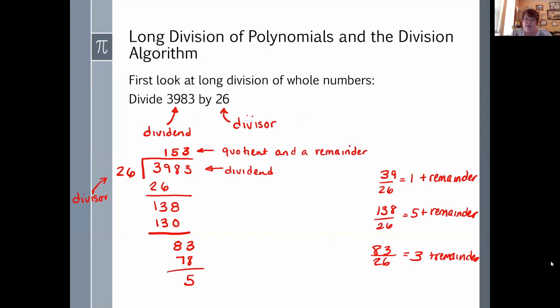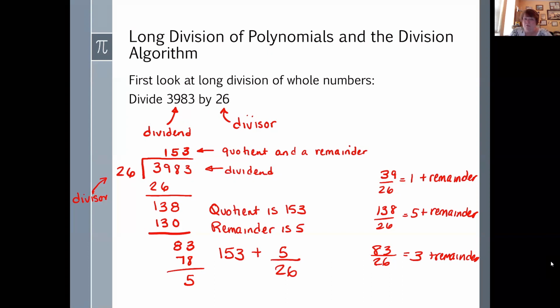Our remainder is 5. So the quotient is 153, and the remainder is 5. And typically the way we write this in arithmetic is we say we've got the quotient plus the remainder, and we write the remainder over the divisor.